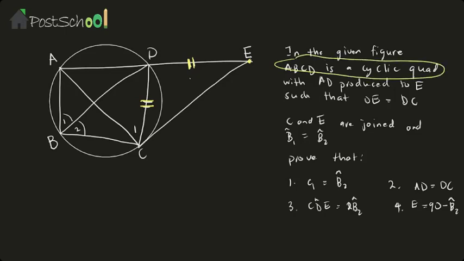ABCD is a cyclic quadrilateral. So this angle will be equal to that angle because it's a cyclic quad. You must know that because they're subtended by BC.